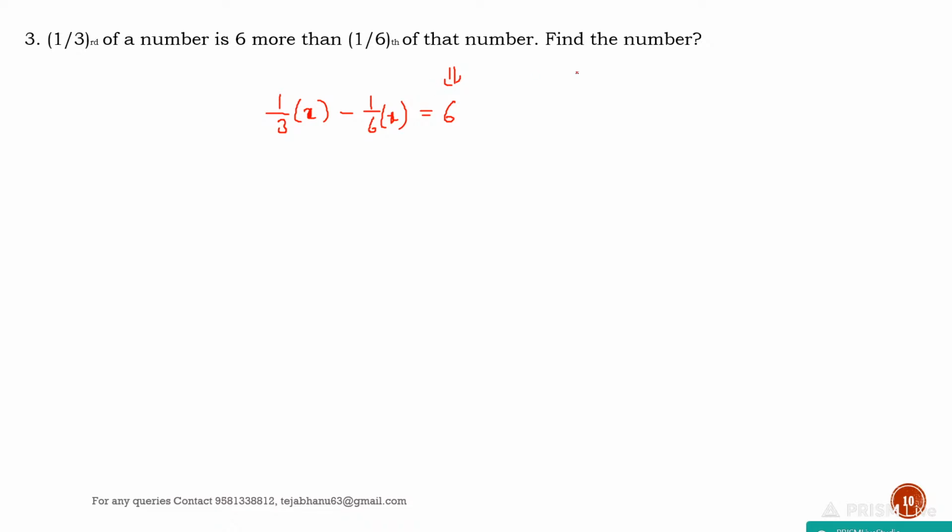That is what he has given. So directly, 1/3 of x minus 1/6 of x gives 1/6 of x is equal to 6. So x equals 36 directly. The x value is 36. I hope it's clear.